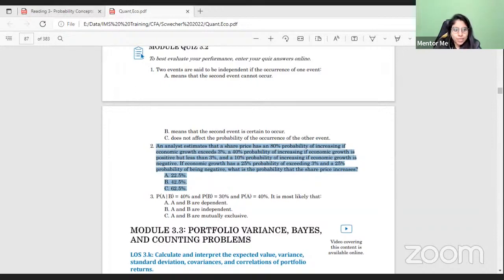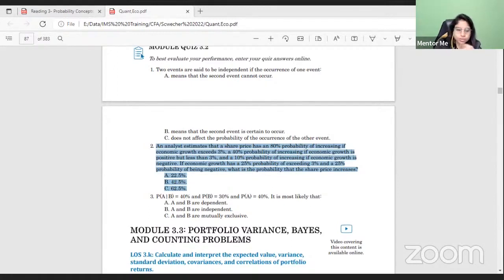Unless the share price is 80%, sorry, 80% probability of increasing if the economic growth exceeds 3%, a 40% probability if the economic growth is positive but less than 3%, it's 10%. Okay, but how is it so? Let me read again: 80% probability if growth exceeds 3%, 40% if positive but less than 3%, 10% if negative.